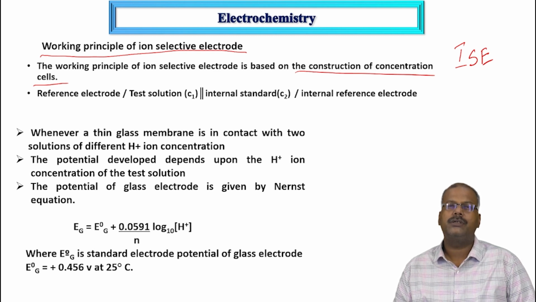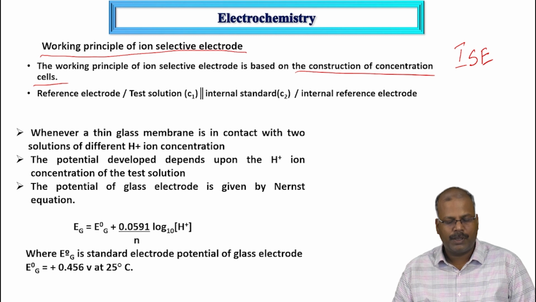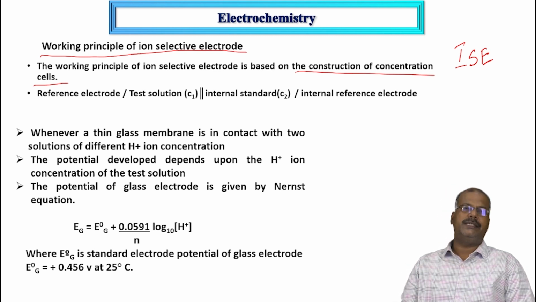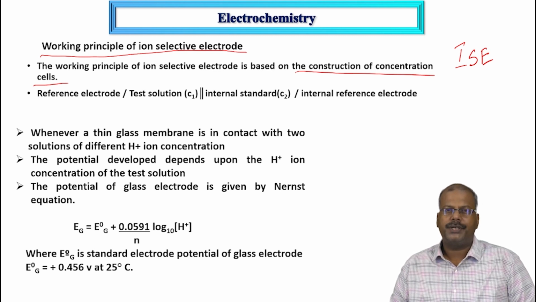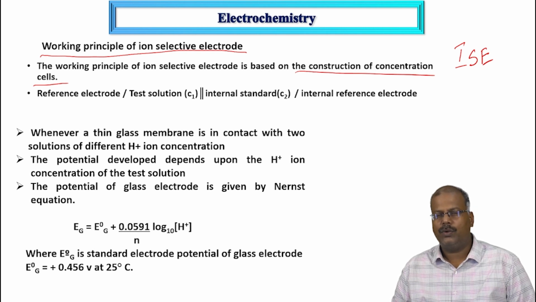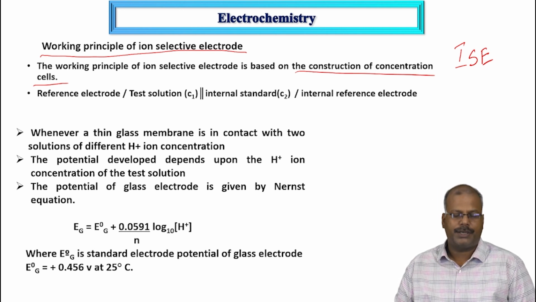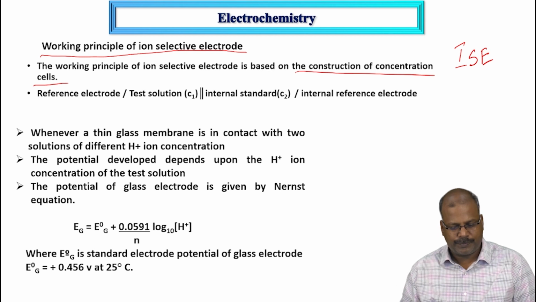Only the concentration of the salt solution in which each is dipped varies. That's why it's called a concentration cell. And we have also seen that the electrode in the lower concentration acts as an anode, and the one in the higher concentration acts as a cathode.